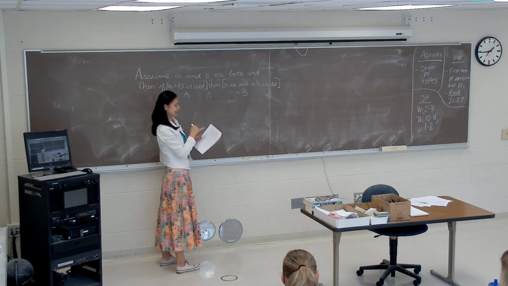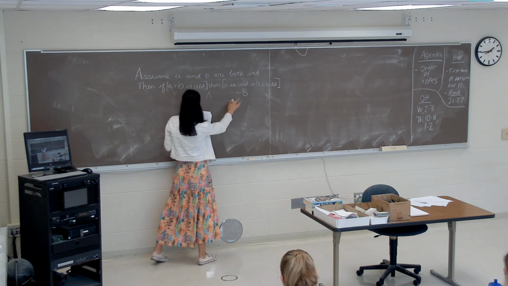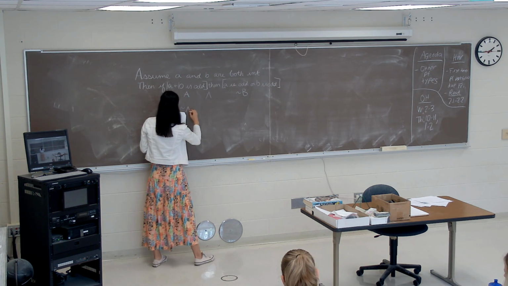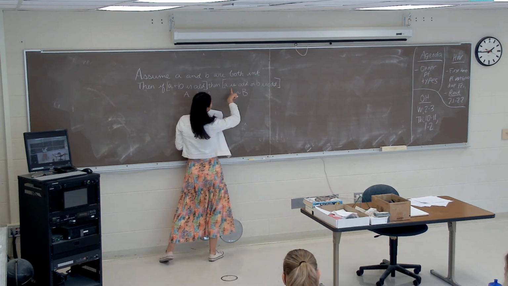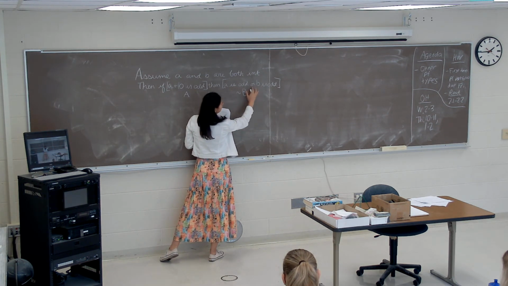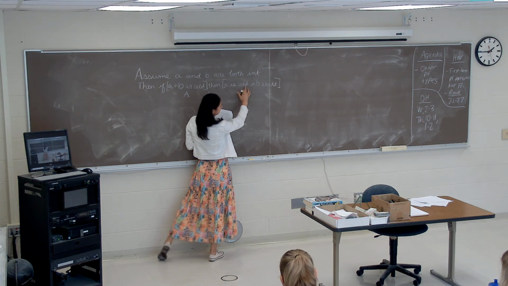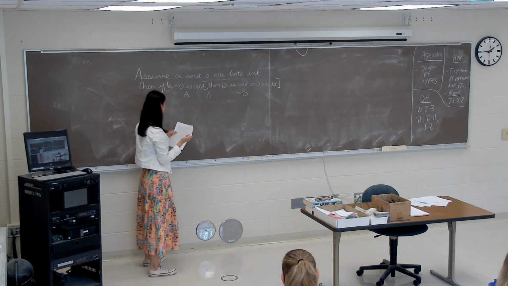And I have a helpful hint that reminds us that A and not B is the same as, not B, since this is an or statement, we need to prove that A is even and B is even. It's changed from the or.